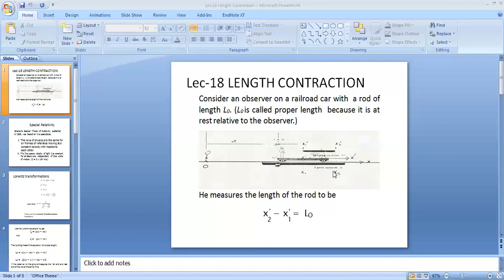Then we have to interlink these coordinates x2 and x1 to x2 dash and x1 dash through the Lorentz transformation, and find the length of the rod calculated by this observer.